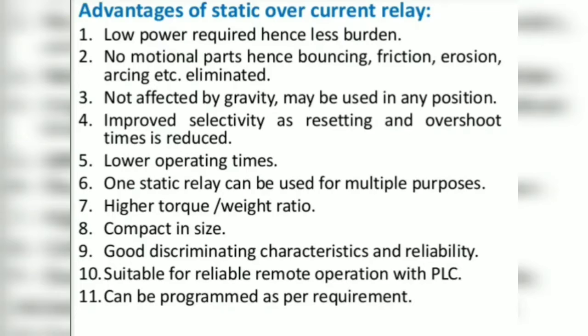Due to moving parts there is friction, corrosion, erosion and arcing. But in this case there are no moving parts, so bouncing, friction, erosion and arcing are eliminated. Not affected by gravity, may be used in any position.